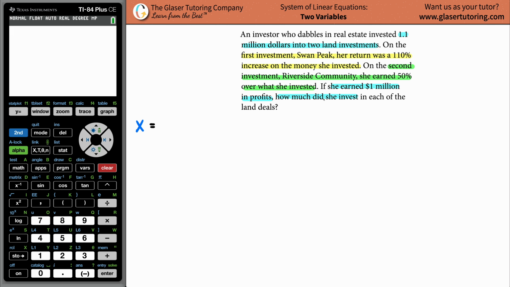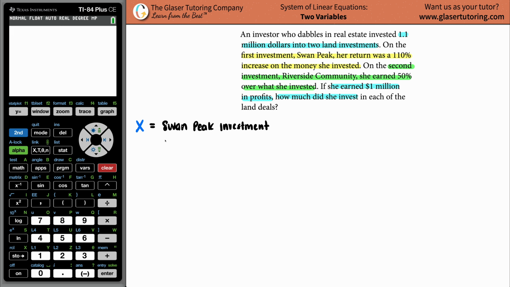But at the end of the day, we need to find out how much she totally invested in each of the land deals. So that's why we have to split it into two. So maybe since they said Swan Peak first, we'll say that X equals the Swan Peak investment. So however much money that she invested in Swan Peak.